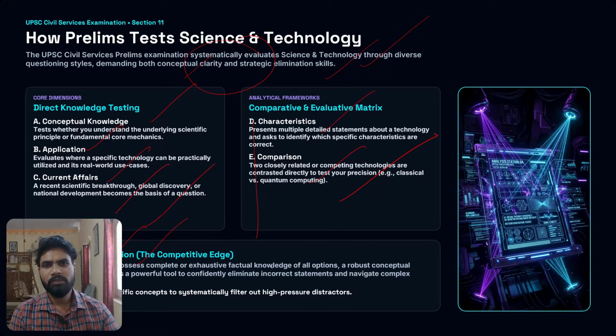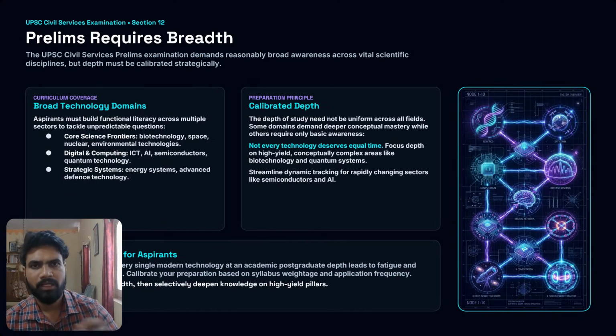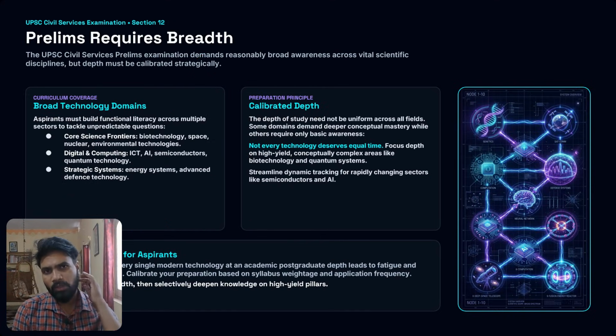If you have the capability of making educated guesses or strategically eliminating options, then you will have an edge compared to the rest of the aspirants. So what do you have to have with respect to the subject if you want to crack the prelims examination?